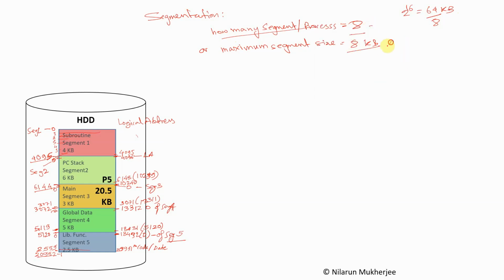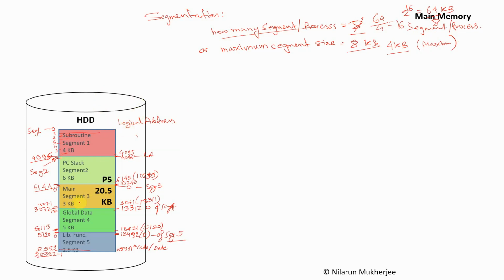Another example, suppose I fix it to a maximum 4 KB segment size. So the maximum number of segments per process will be 64 by 4, so 16 segments per process.